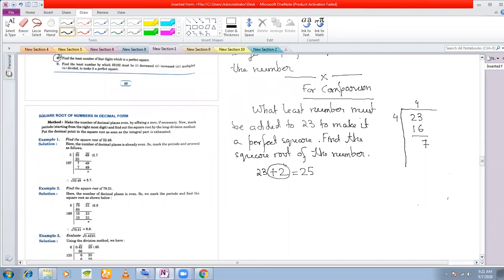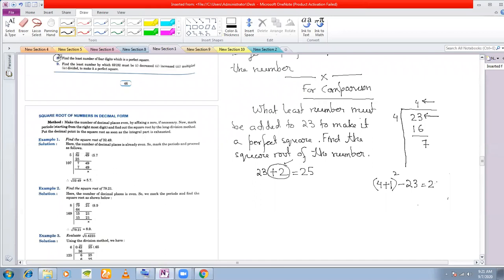Just to see how actually we are getting to this 2. Now see what happens. In order to get this 2, what we are actually doing is, you see this quotient here, 4. We are taking the next number to this quotient. We are adding 1 to this quotient and we are squaring. We are adding 1 to this and we are squaring, and we are subtracting from this 23.